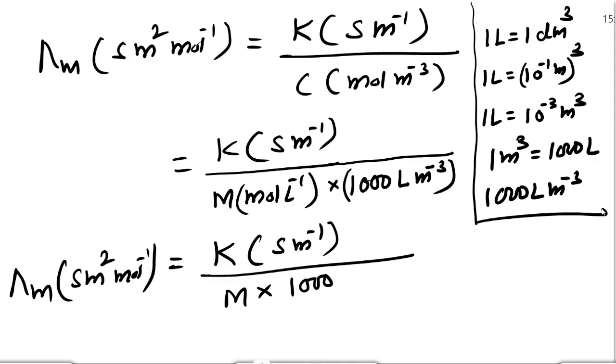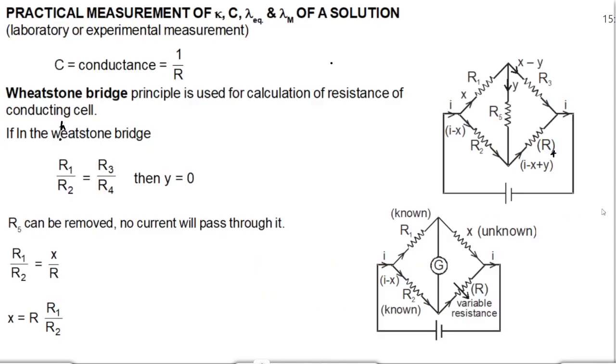And to calculate this molar conductivity, we use resistance. To calculate resistance, we use this Wheatstone bridge. It is in physics as well. Wheatstone bridge is given in NCERT, this physics part.